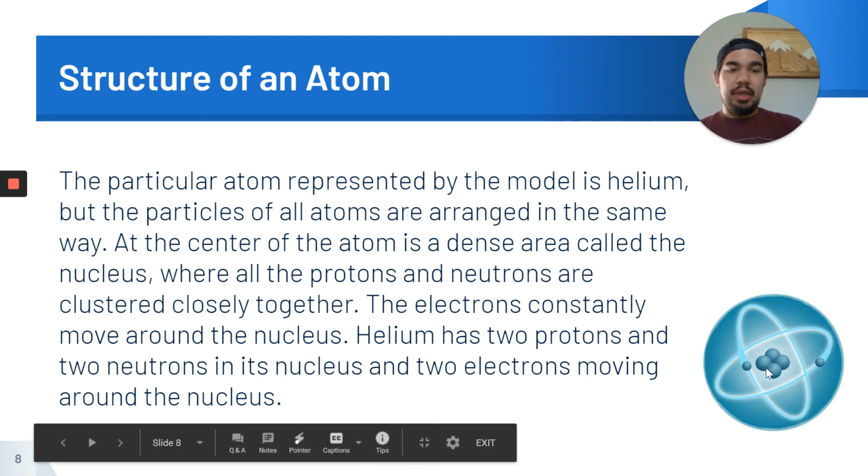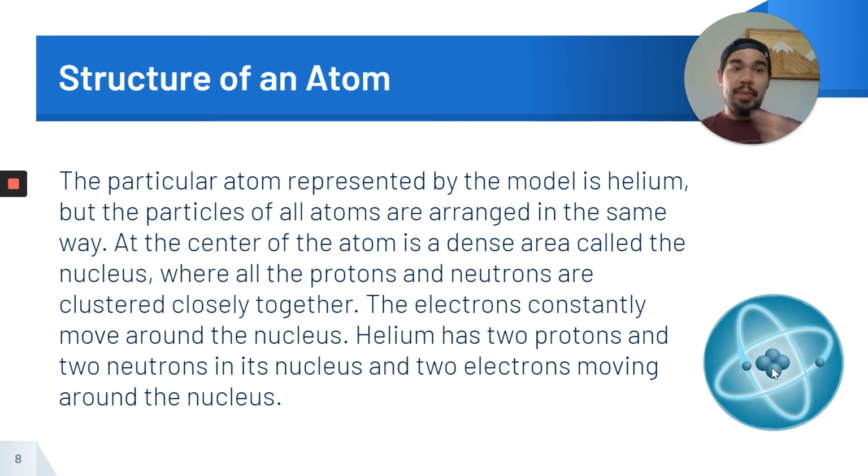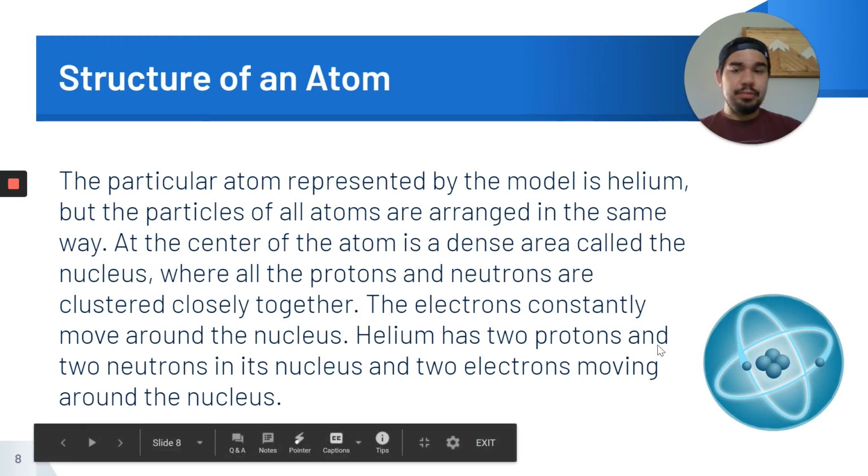So anytime you have only two protons in an atom, you know it's going to be helium. And since we have two protons, that's two positive charges, we then have to have an equal number of negative charges. So two protons means we have two electrons. Protons and electrons are pretty much always going to balance. So 2 and 2, 3 and 3, 4 and 4, etc.